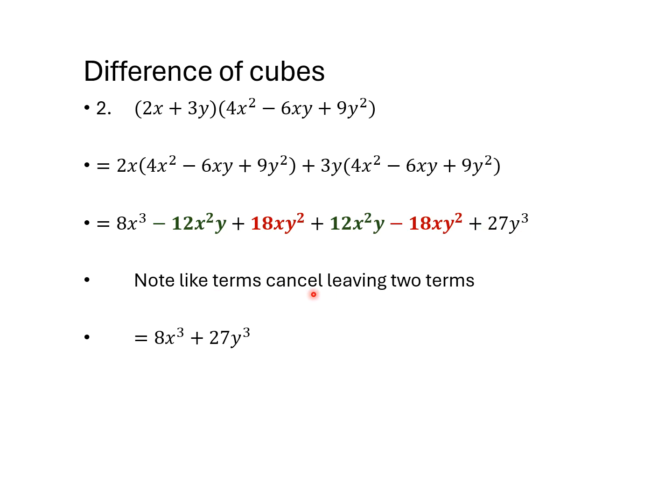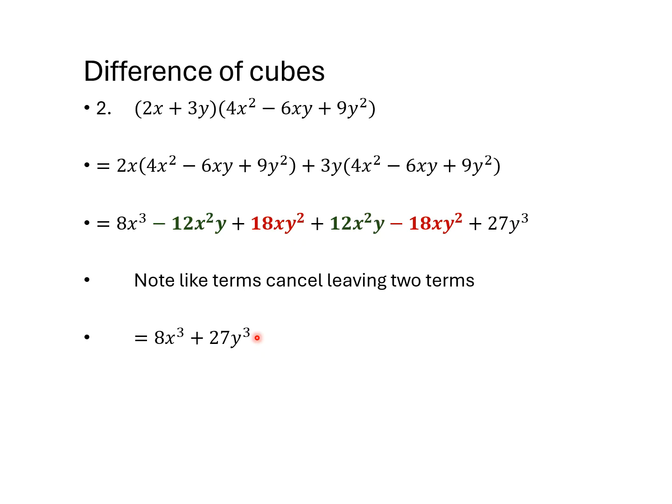Now like terms cancel, leaving two terms. So minus 12 plus 12 would cancel, 18 minus 18 cancel, so I'm left with 8x cubed plus 27y cubed. So I could have just said 2 times 4, 8. X times x squared, x cubed. 3 times 9, 27. Y times y squared, y cubed.